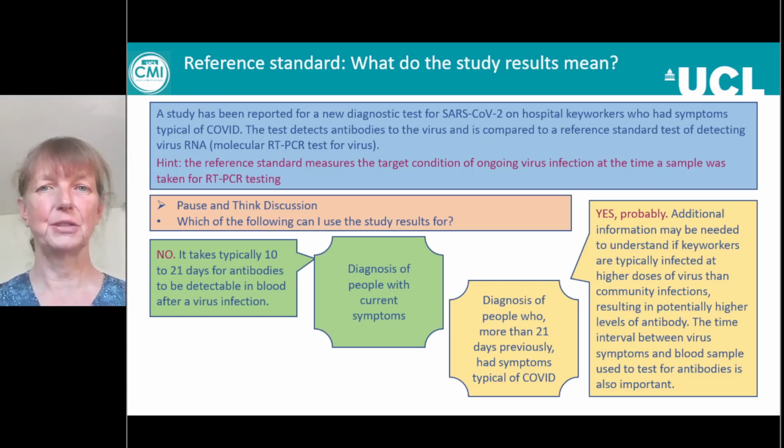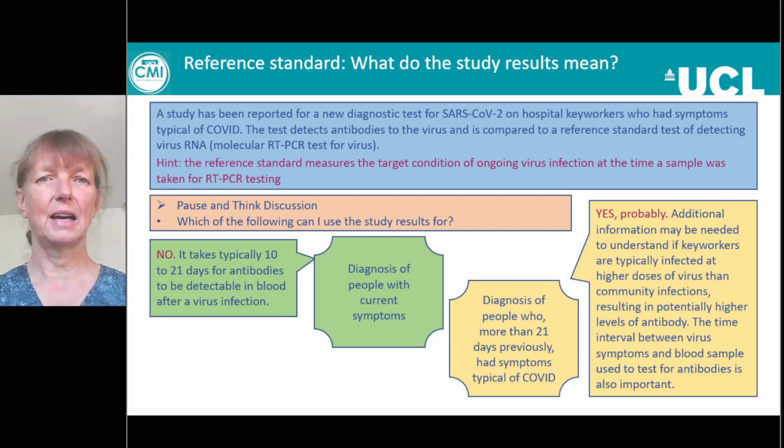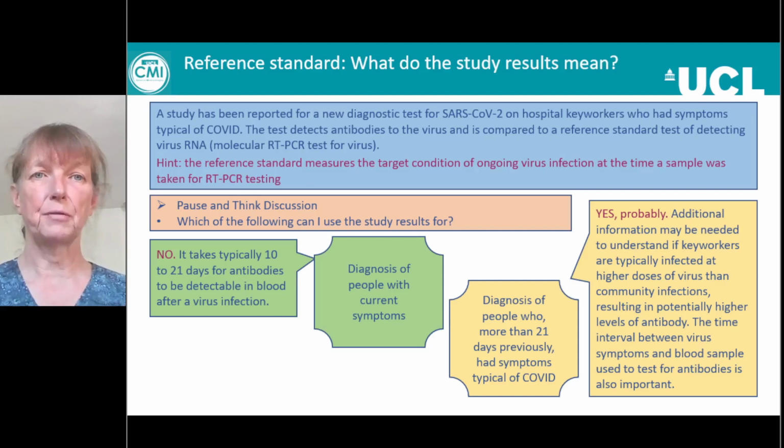That's it. It was not about detecting people with immunity or who are safe to go and work on COVID wards. There was a very clear and limited definition of what this reference standard was and how we could then interpret it.